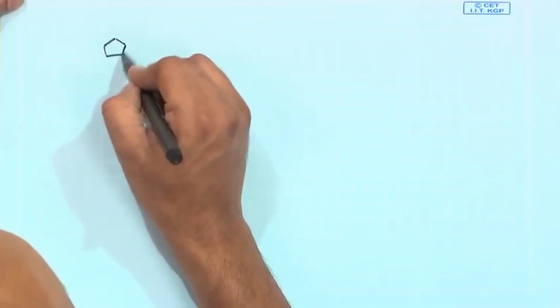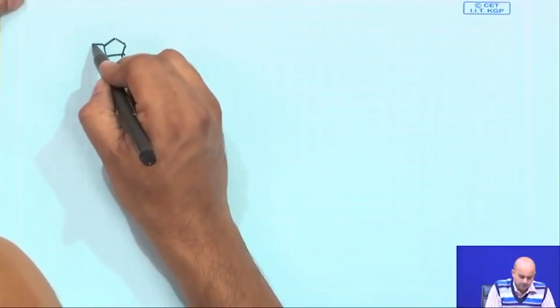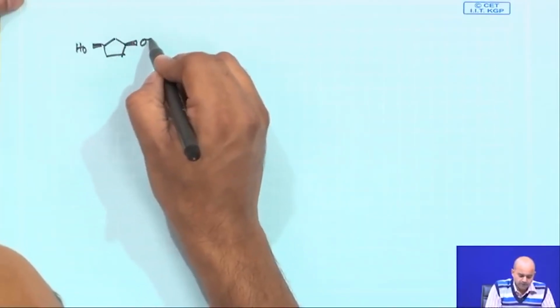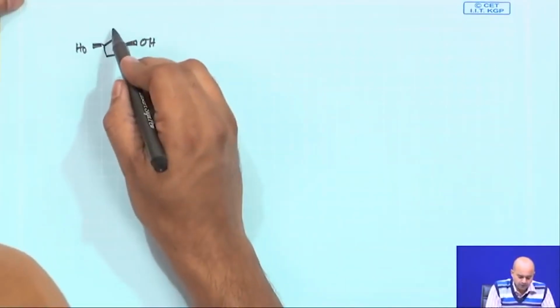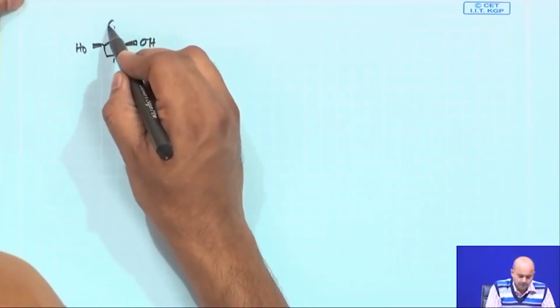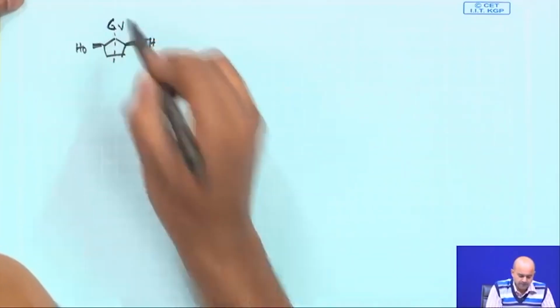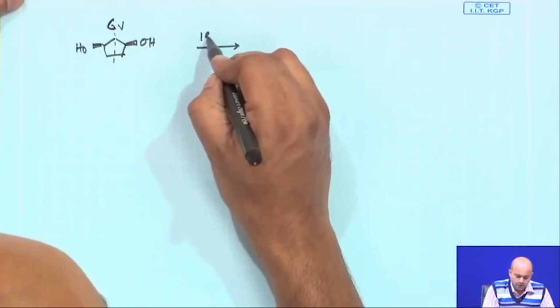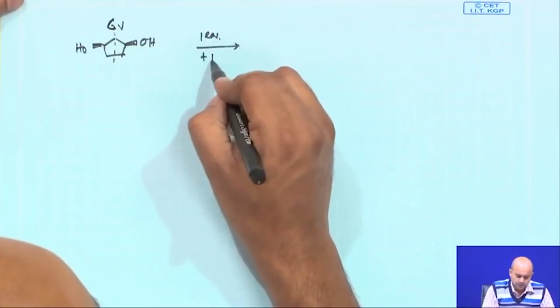Say we take the second compound, which has a cis relationship between the two hydroxy groups, and this molecule has a sigma v. Now, we use one equivalent of protecting group.